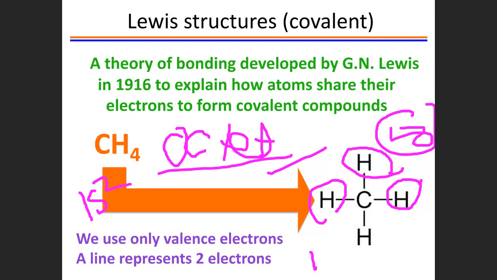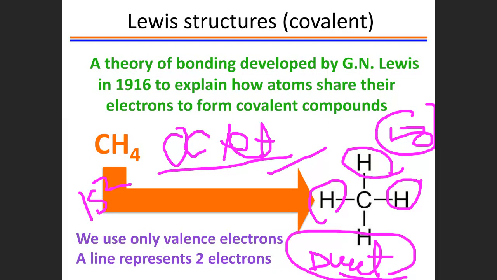This is called the duet. This type of exception, especially hydrogen mainly, is called the duet. So Lewis already established the octet and duet rule, and as a result we form the covalent compound. So today we are going to learn details about it.